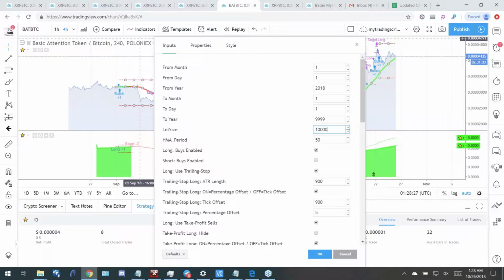When we make an adjustment, we come over here to the lot size. The adjustment is being made because of the decimal value, because it's going 0.00004. So don't let those numbers intimidate you. You go up here to lot size, you put in 10,000.